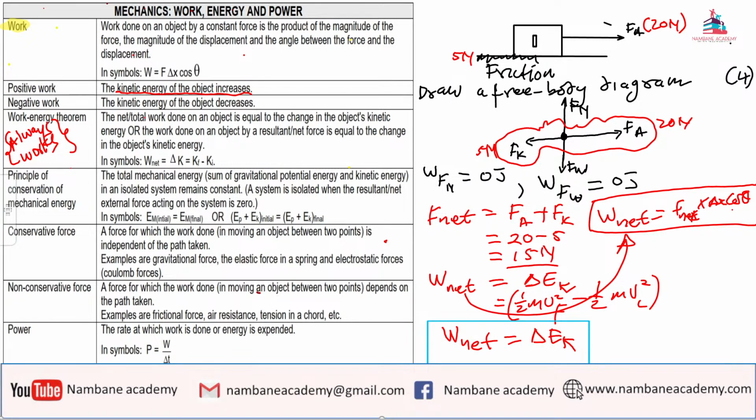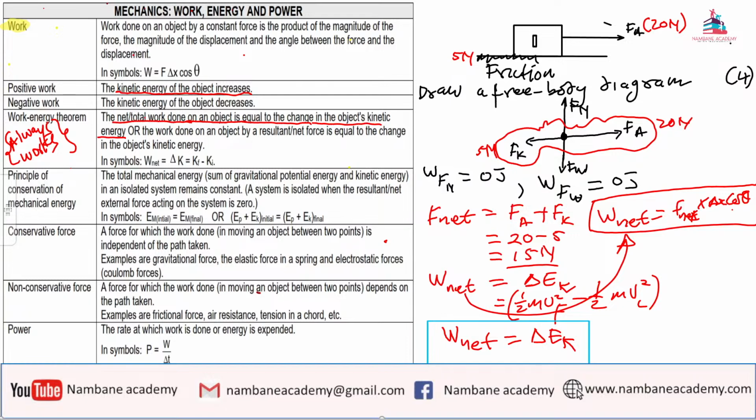Then you can just remember to state that the total work done on an object is equal to the change in the object's kinetic energy. Then you will be able to get your maximum of 2 marks.